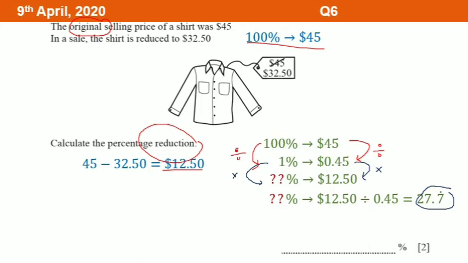It means it's a recurring decimal, so the percentage will be 27.8%, or you can write it as 28%, or you can write it as 27.9%.